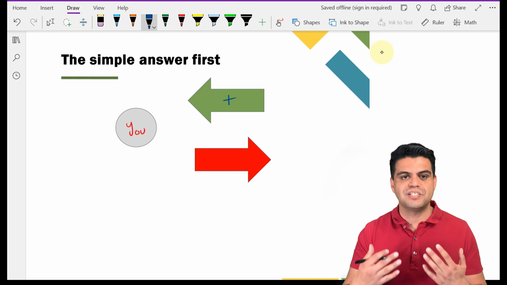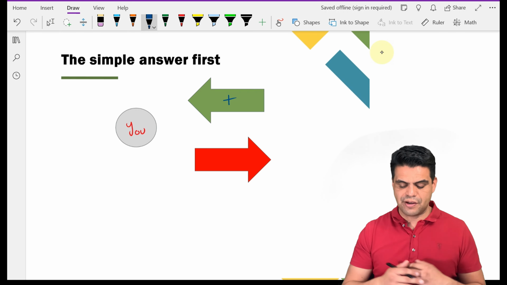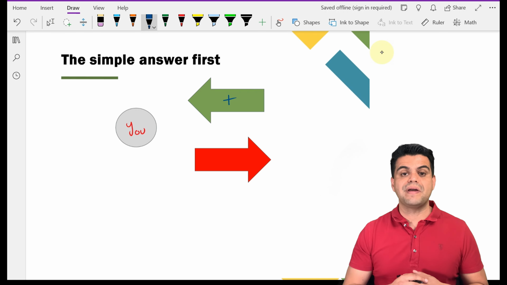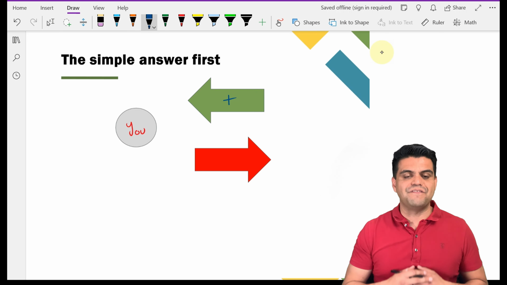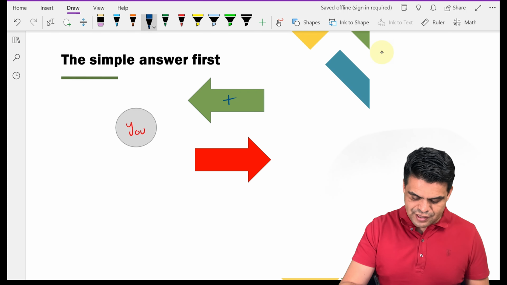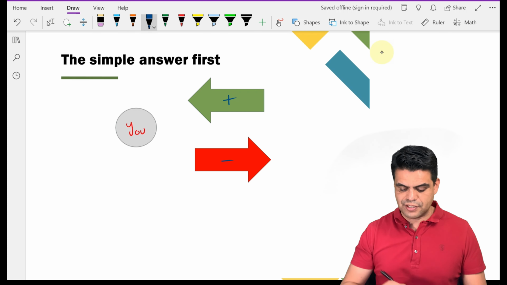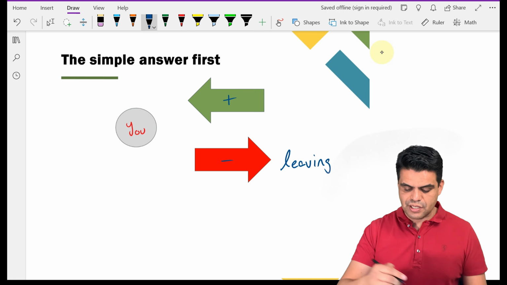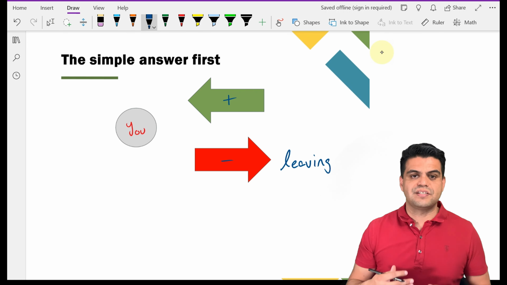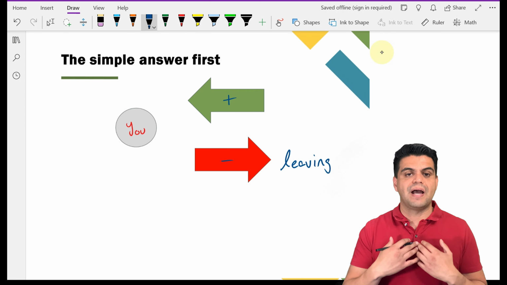That's going to be a positive number in your financial calculator. If, on the other hand, you are making payments or money is leaving you, or you are going to invest money into something, that is a negative, right? So a negative is when money is leaving. A positive is when money is coming back to you.